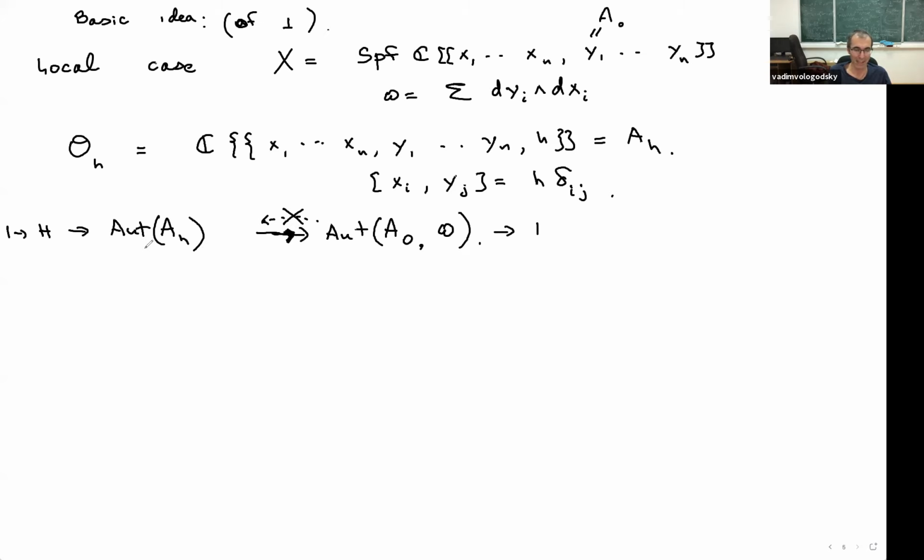Again, maybe we can discuss it later. That's really an abstraction, but it's a minor abstraction in the sense that if I model out this group by unipotent radical, then the extension really splits by unipotent radical of each.